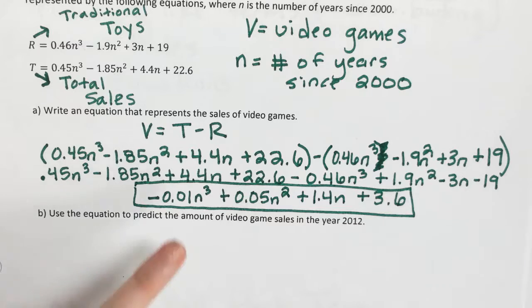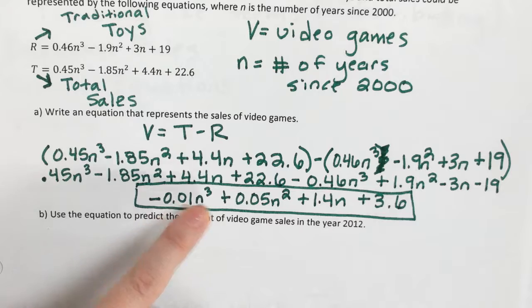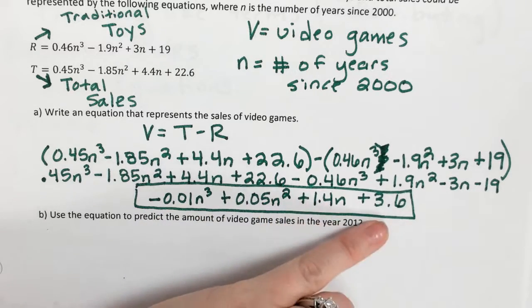Okay, so you should get this expression right here: negative 0.01 n cubed plus 0.05 n squared plus 1.4 n plus 3.6.